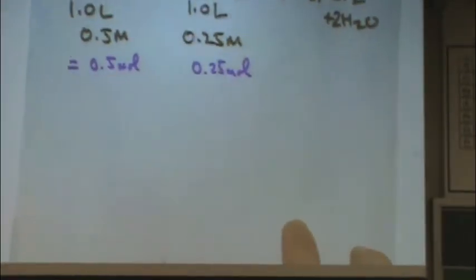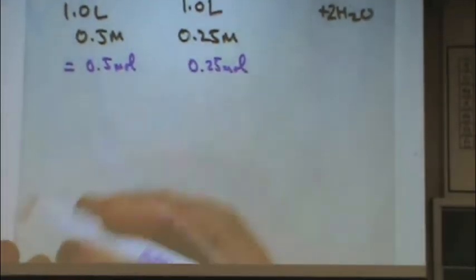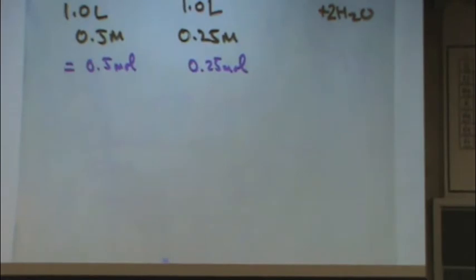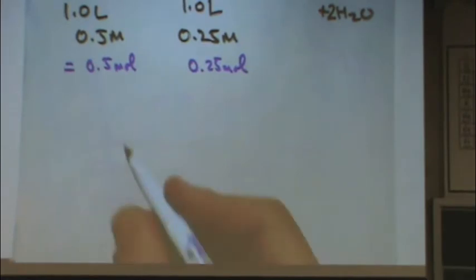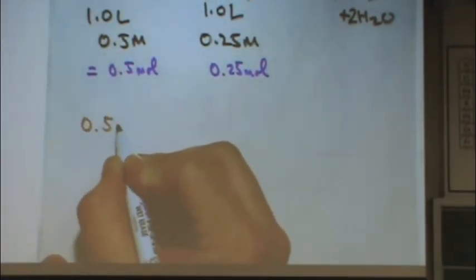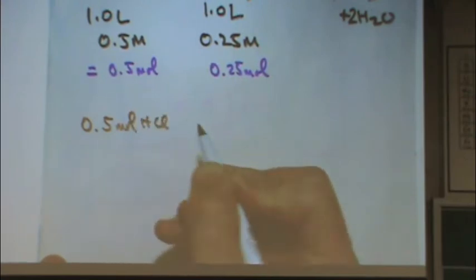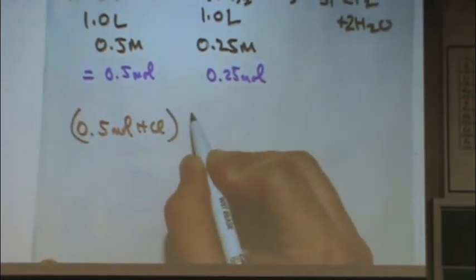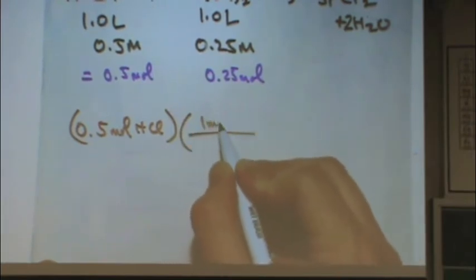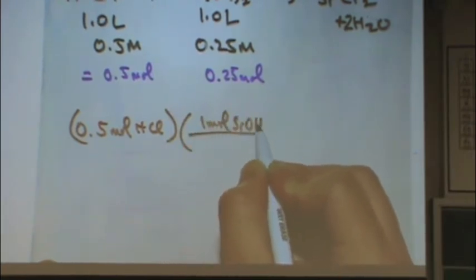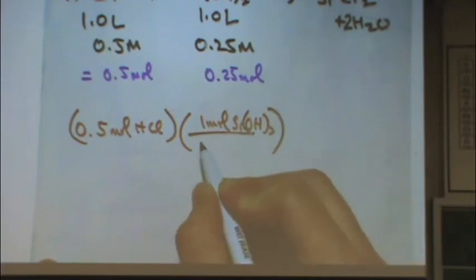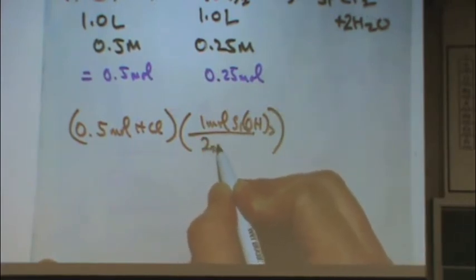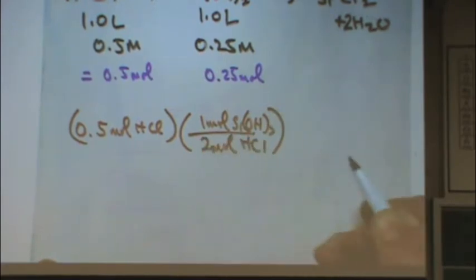Okay, so let's check this out. Let me get a different color pen, and I'm going to say, well, 0.5 moles of HCl. I want to see how that compares to my strontium. So there's 1 mole of the strontium hydroxide for every 2 moles of the HCl.